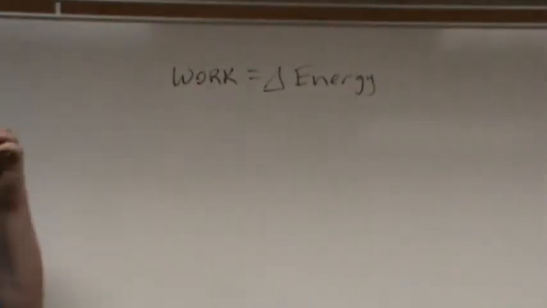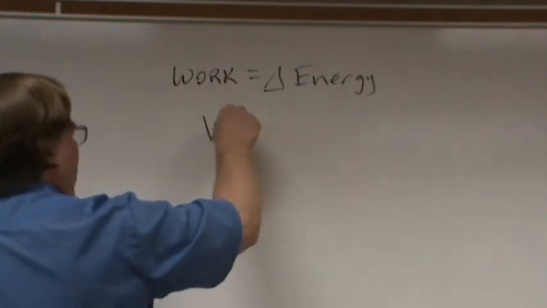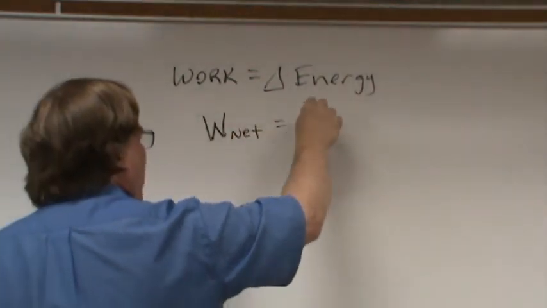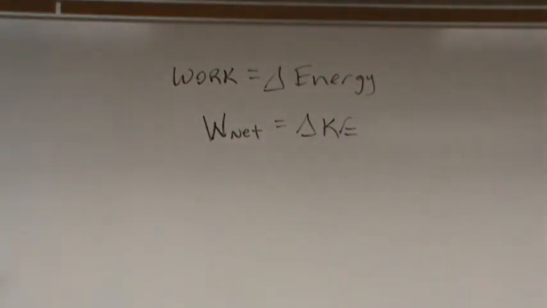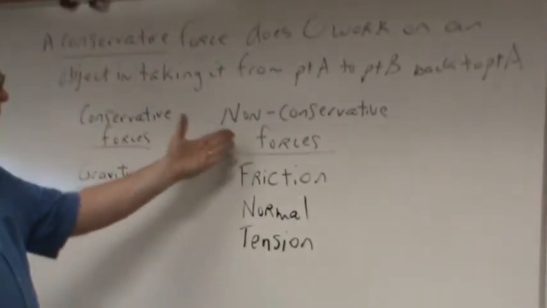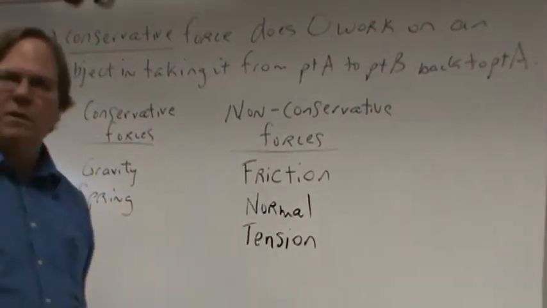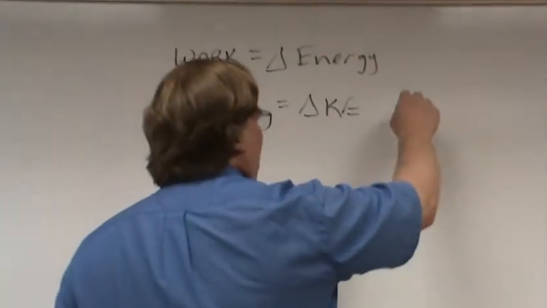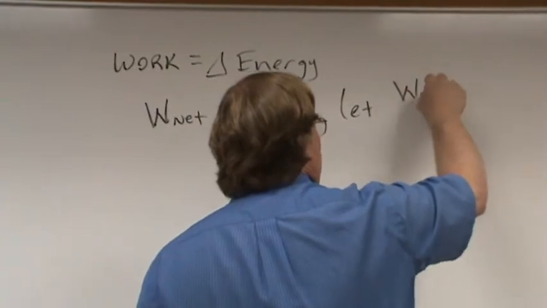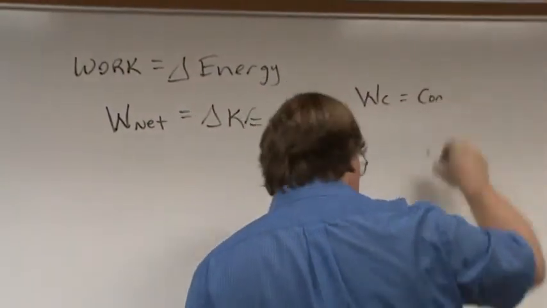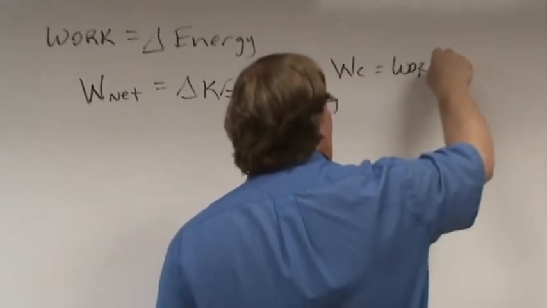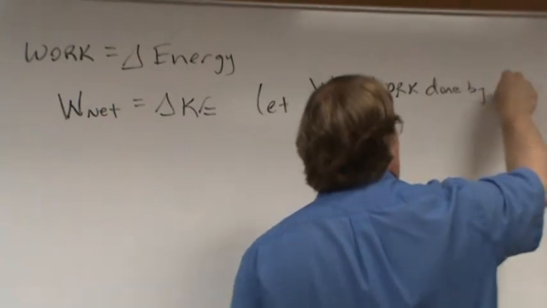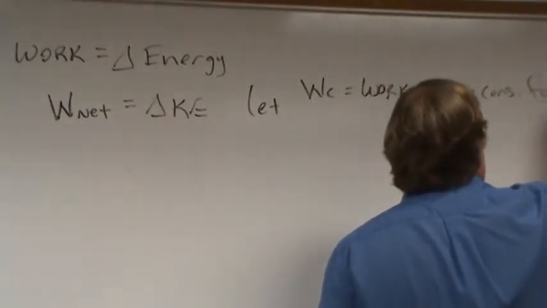And so we learned another type of work. We learned that net work on an object equals the change in kinetic energy. But now that net work is going to be a combination of work done by conservative and non-conservative forces, right? So I'm going to let W sub C equal work done by conservative forces.